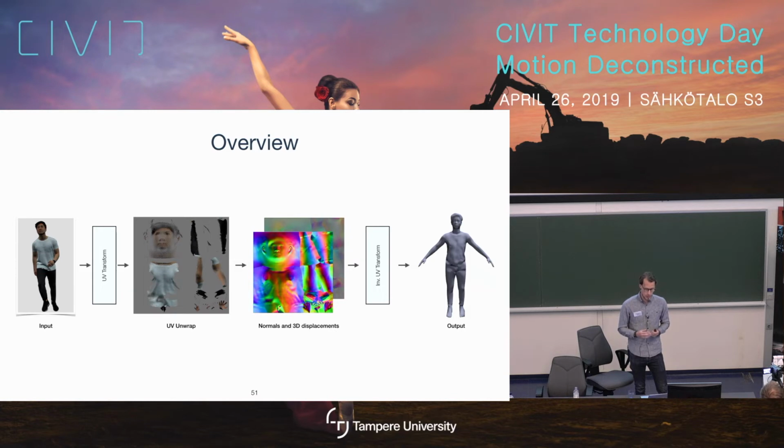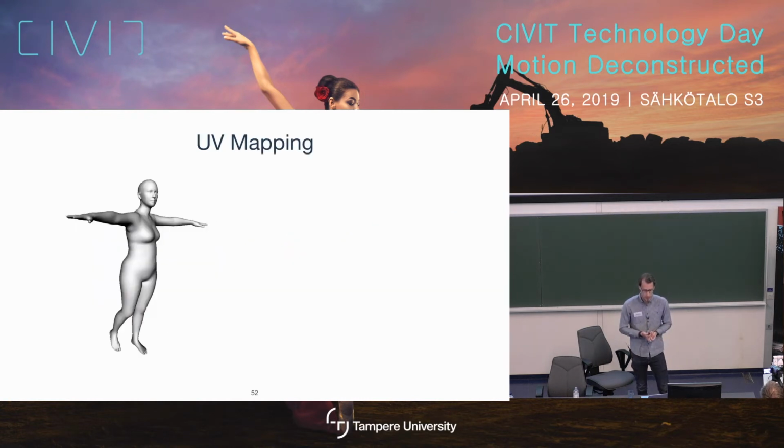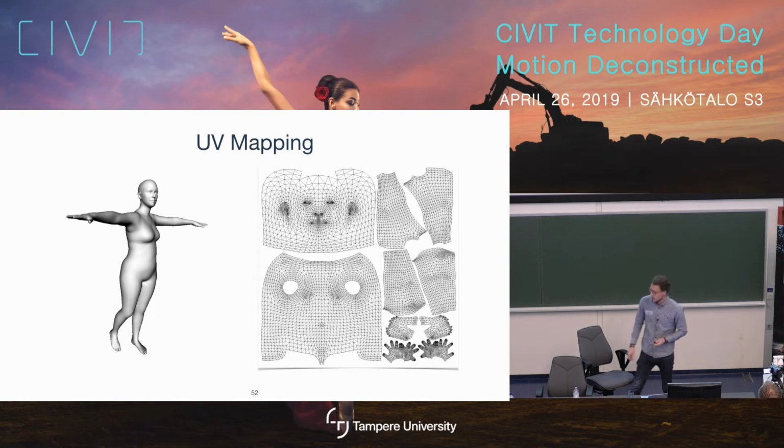So we have here an aligned image-to-image translation problem. We go from UV map to UV map. You don't change the modality any longer, and this helps. So, but what is this UV map? A UV map is basically just a 2D representation of the surface.